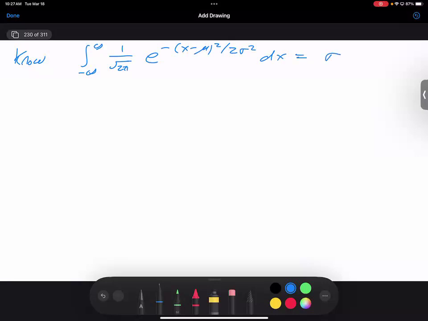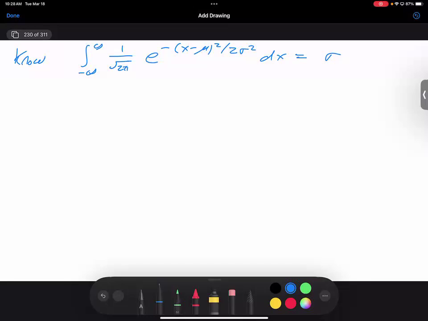I just took the sigma squared that was in the denominator underneath the square root sign on the left, and I moved it to the right. Is everybody comfortable with my just taking the sigma squared underneath the square root sign on the left and moving it to the right? We're good with that? Okay.